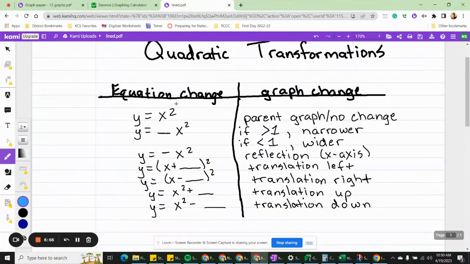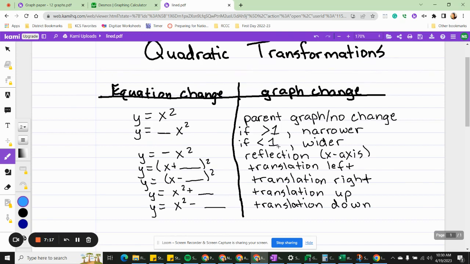So first, our parent function, y equals x squared. So the graph change, there's no change. This is the original that we're comparing all the other graphs to. When we multiply something times x squared, if that number was bigger than 1, for example, when we did y equals 4x squared, the graph gets narrower.